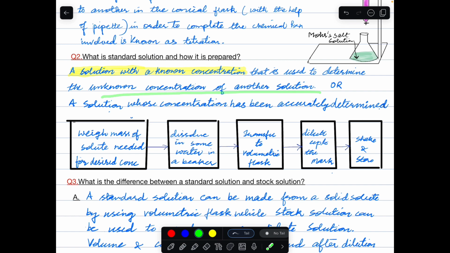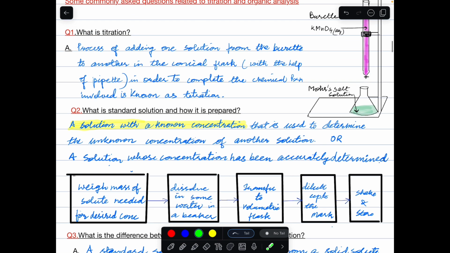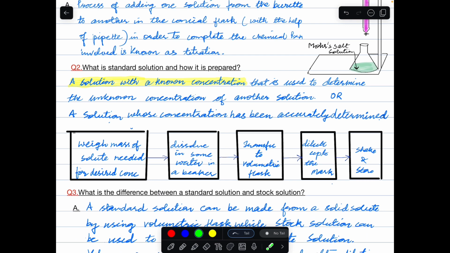You prepared a solution of Mohr's salt by weighing the salt and then making the solution, so you know the accurate concentration of this solution, and with the help of this you have determined the concentration of your potassium permanganate solution. Therefore your Mohr's salt solution was the standard solution.